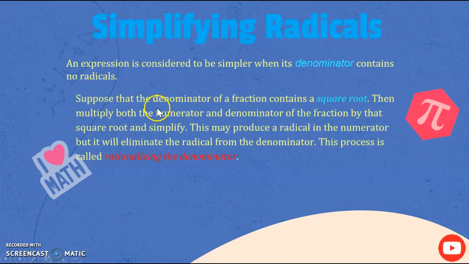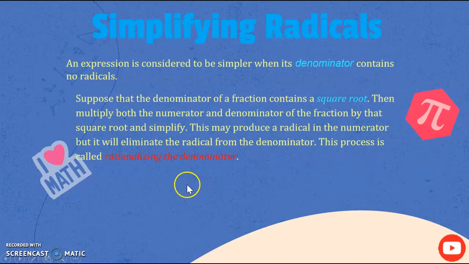Suppose the denominator of a fraction, or a fractional radical expression, contains a square root. Then multiply both the numerator and the denominator of that fraction by that square root and simplify. This may produce a radical in the numerator, but our main focus is to eliminate the radical from the denominator.